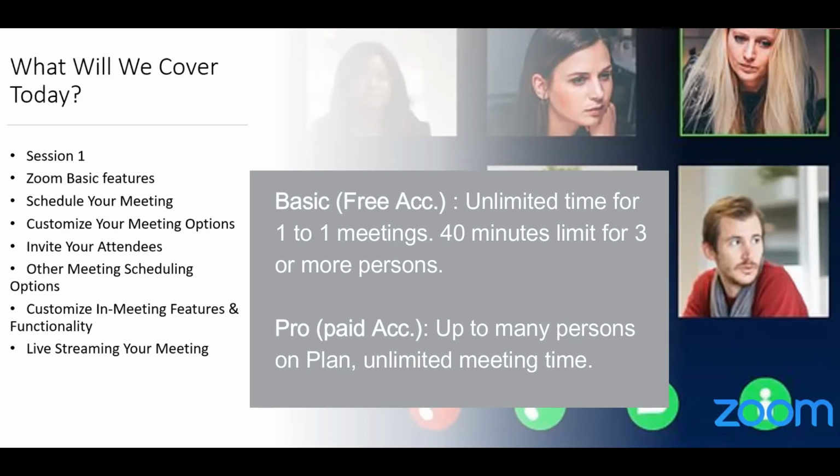However, when it's a paid one, you can have more people on your plan. With a basic one, with 3 people or more, there is a limit of 45 minutes. So you don't have unlimited time, and that is the limitation when you don't pay.